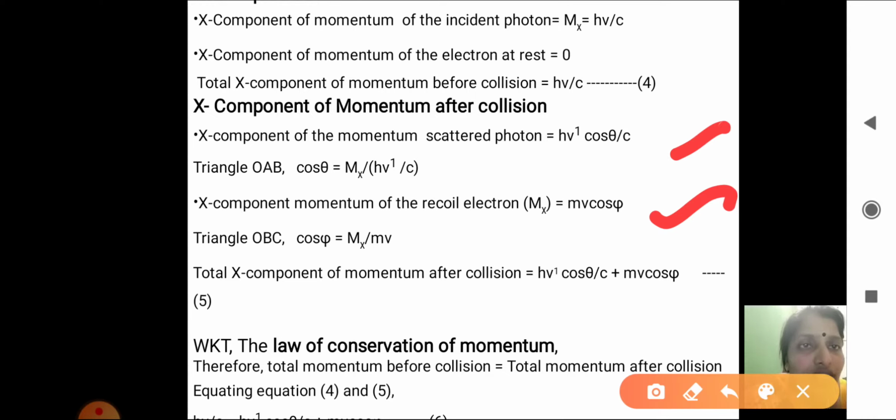Therefore total x component of momentum after collision equals h nu dash cos theta by c plus mv cos phi. That is equation number 5. According to the law of conservation of momentum, total momentum before collision equals total momentum after collision. Equating 4 and 5.